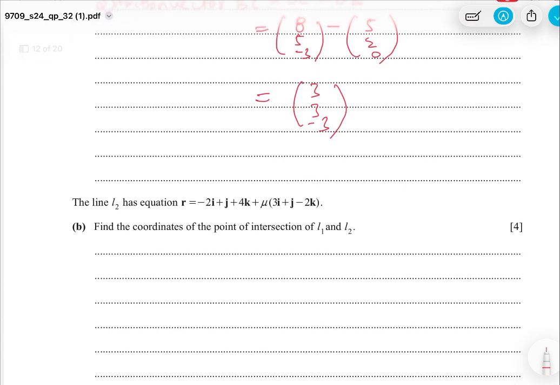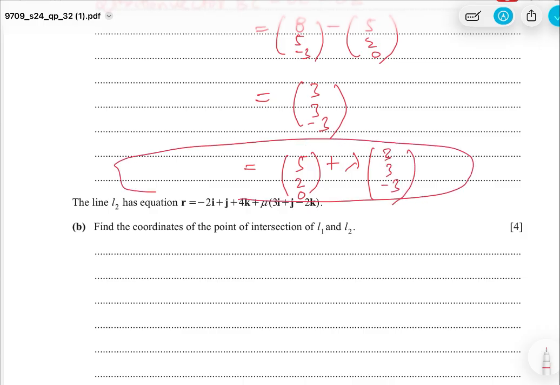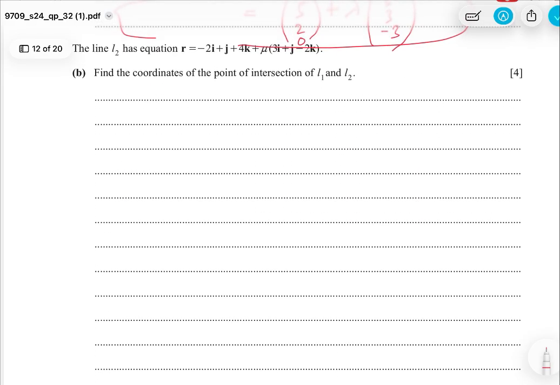Alright, so the equation of the line, you can take any point. I'm taking OB, you can take any point: (5, 2, 0) is OB, plus lambda times the direction vector (3, 3, −3). This is your answer, the equation of the line. Let us move on to the next question.